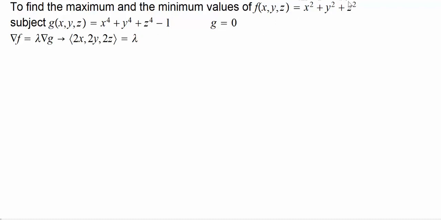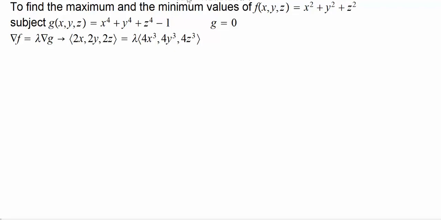So that is going to be 4x cubed, then 4y cubed, pardon my writing like this, and 4z cubed over here. So here I'm just replacing this by z, so we get 4z cubed.